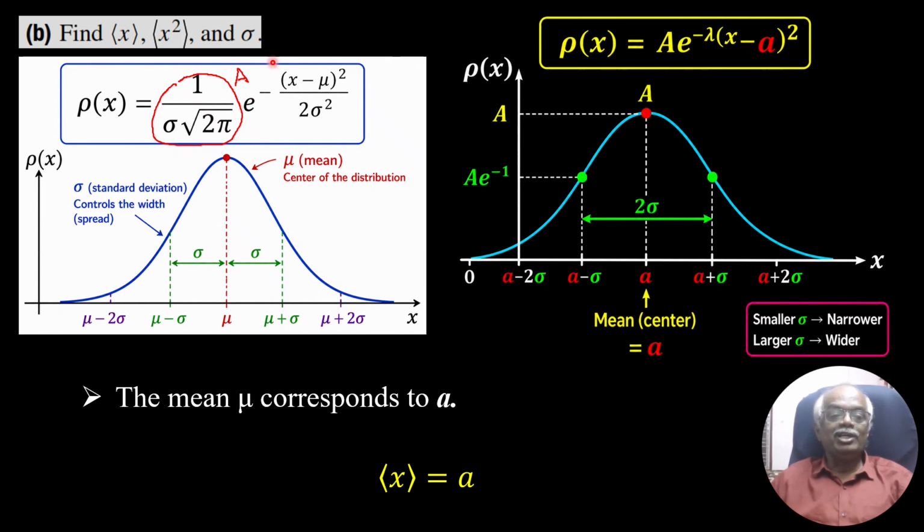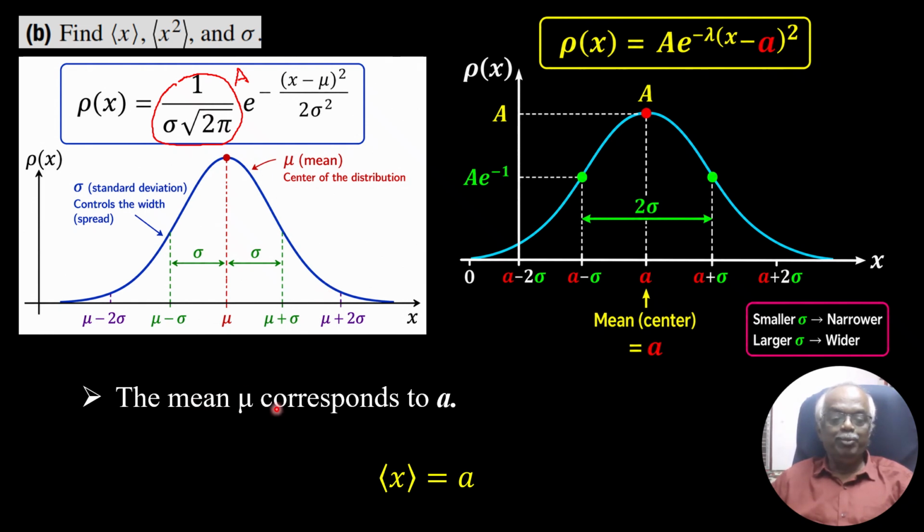So here, what is actually the expectation value of x? This wave function is distributed equally on both the left side and the right side, centered at a. So naturally the mean value is a.